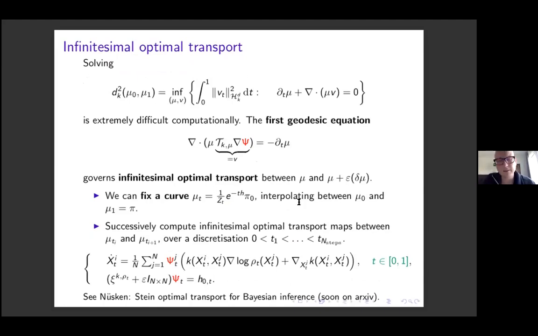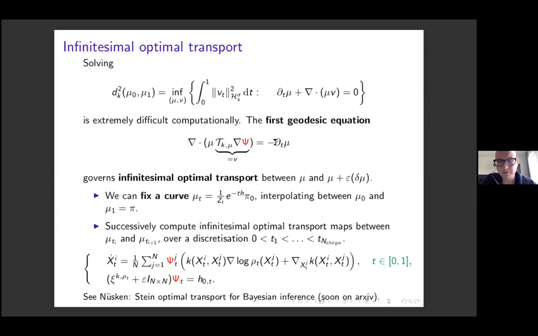Now, one idea is that this optimal transport problem actually becomes a lot easier if the two measures mu0 and mu1 are in fact close to each other. So you can think of the first geodesic equation in this form, where I'll just put the dt mu on the other side. One way of reading this equation is that this is a small perturbation of the measure mu.